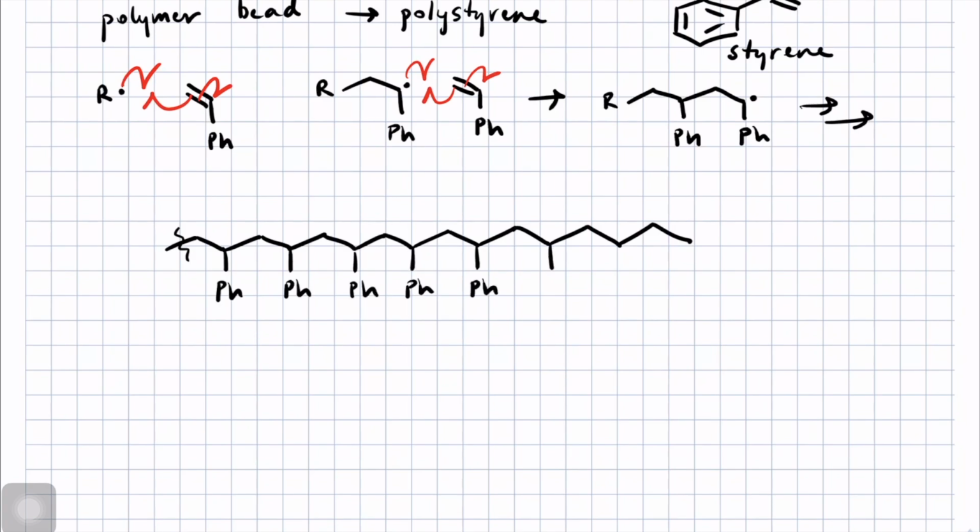And depending on the conditions, I should say this about polymers: because the reaction goes on so many times in this chain reaction to add so many of these styrene subunits to the polymer, the properties of the polymer are actually governed by the styrene portion, and it doesn't even matter really what this end group is in terms of the properties of the polymer.